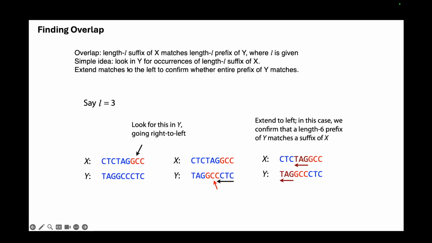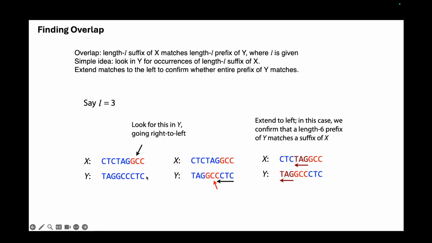Now what you want to do is look in the Y read for occurrences of the length L suffix of X. So for example, this is your suffix of X, and these are your two reads, X and Y. So this is the suffix of X, which is GCC. You are trying to look for this in Y, going from right to left. So you start from here, and then you traverse toward this end.